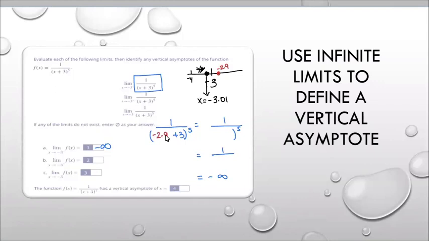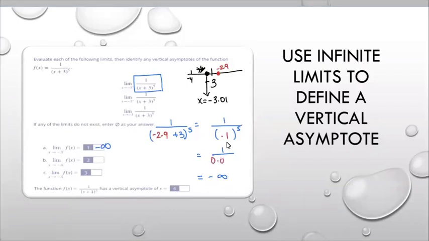Now negative 2.9 is bigger than negative 3. So the difference here now is going to be 0.1. And that 0.1 is going to be positive because 3 minus 2.9 is just positive 0.1. 0.1 to the power of 5 is, now here I got a real number.